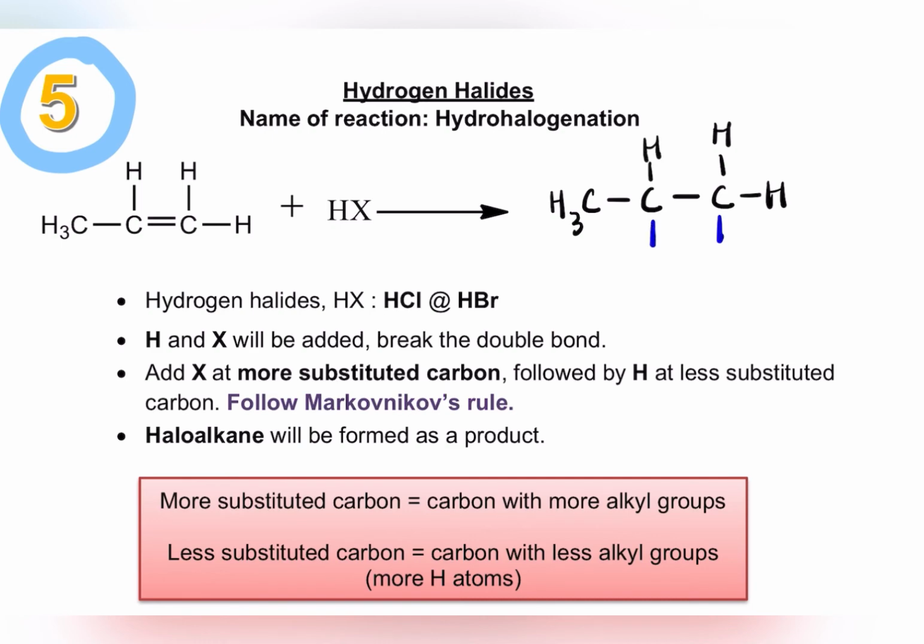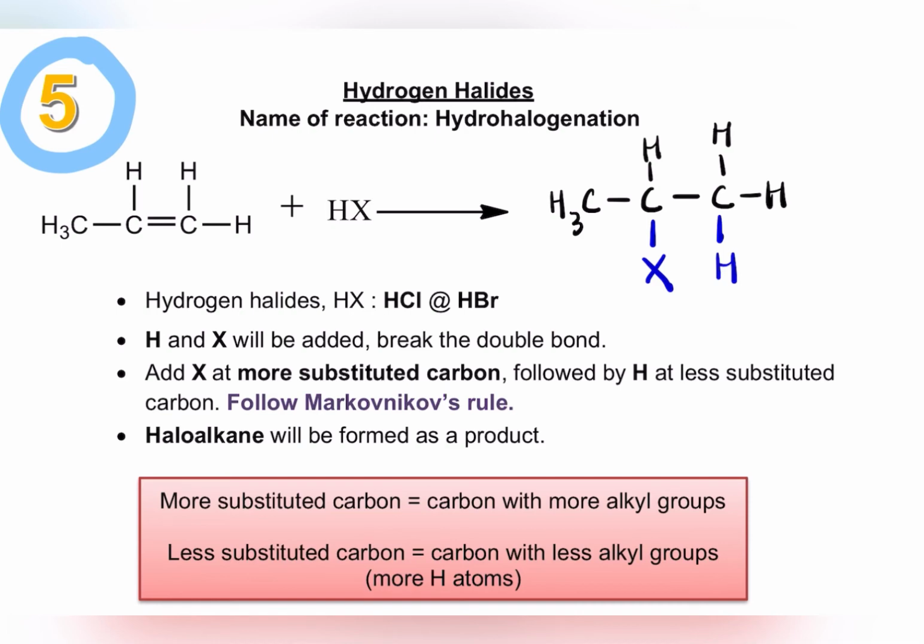And in this case, you are going to add X at more substituted carbon and H at less substituted carbon. So the more substituted carbon is this one, and less substituted carbon is this one. So this carbon will be attached to hydrogen. So this hydrogen is coming from HX, and this one will attach to X, your halogen, coming from HX as well.